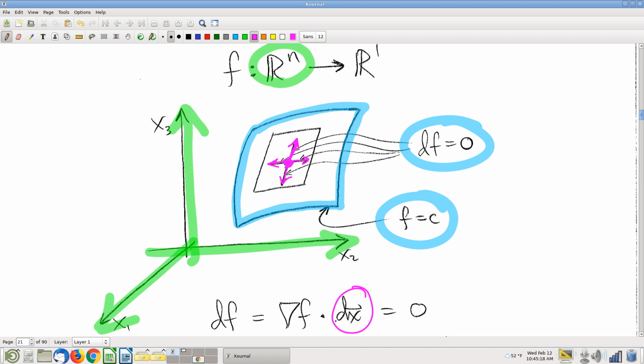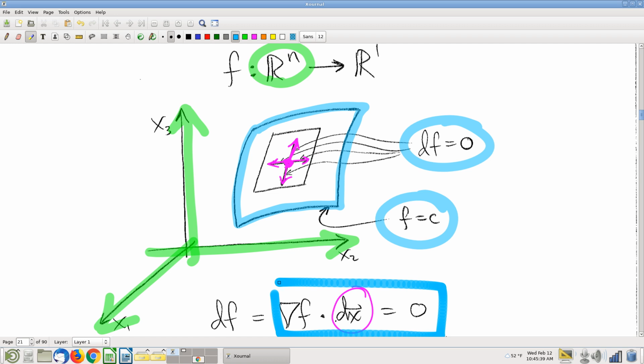Yes, but don't forget we have a formula for how to compute df. You can think of this as the chain rule or whatever your preference. Right? But df is computed with a dot product with a gradient. And so when we say the function isn't changing, df is 0, that means that this is 0.